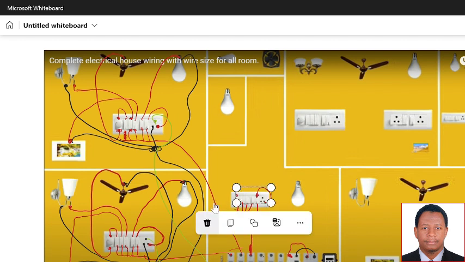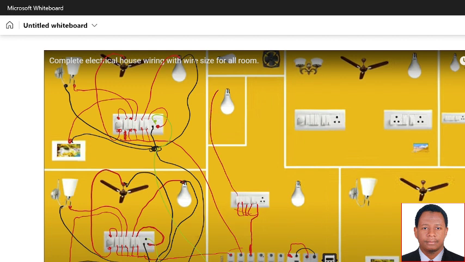This socket is going to connect to our lamp, and this socket is going to control another lamp. Now this one is going to be connected to this fan, and this one. Now this terminal is going directly to this fan, and this switch is going to be directed to the socket.